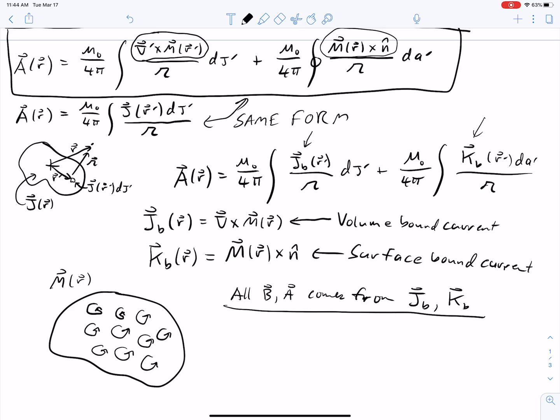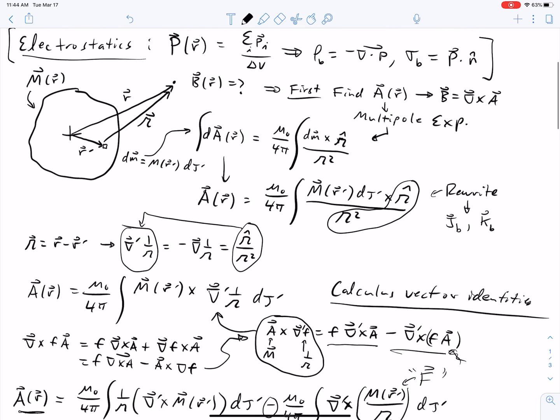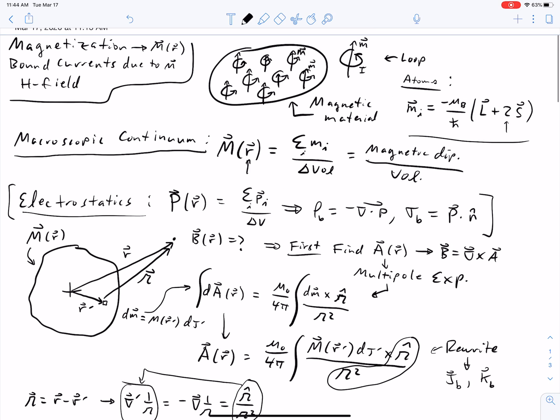And that should be very familiar to you, because let's go back. Remember we derived the bound charge and the surface bound charge for electrostatics. Look, it even looks similar.